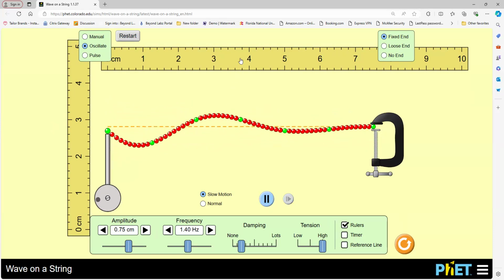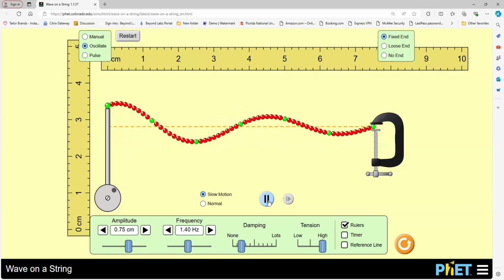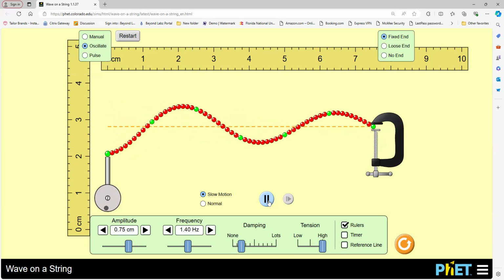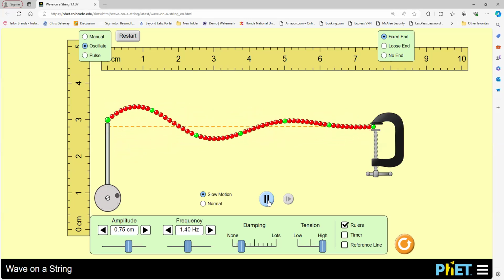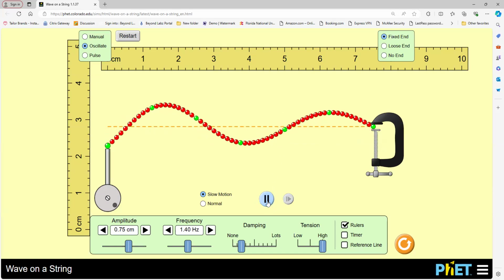Again, I will try to look for the exact moment to stop, to make my measurement. This one looks pretty symmetric. It's not that symmetric, so we can wait a little bit more.